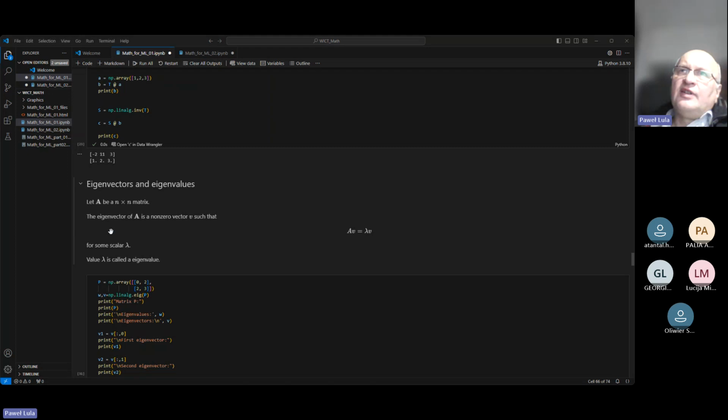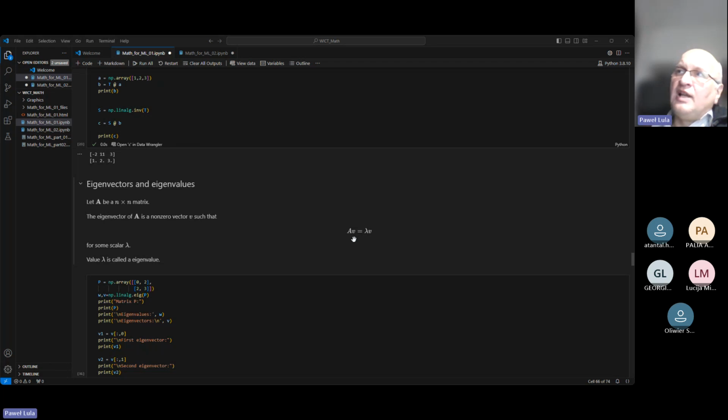Assume that we have a square matrix A. So A, it is a matrix. And this matrix may have eigenvectors and eigenvalues. A vector V is called an eigenvector of this square matrix A if it satisfies this condition, which you see here.